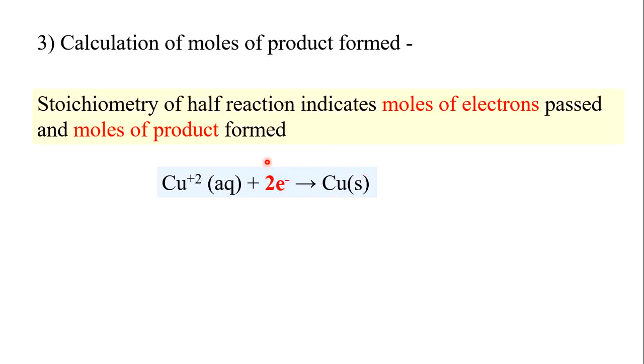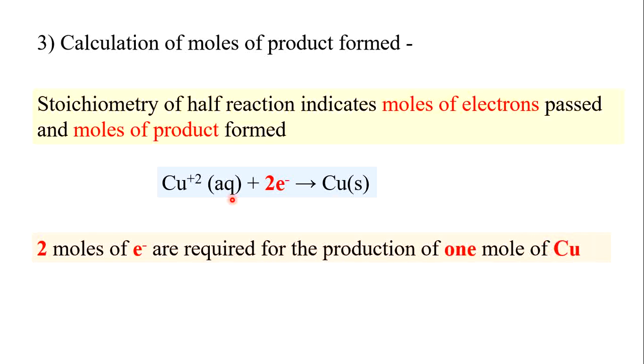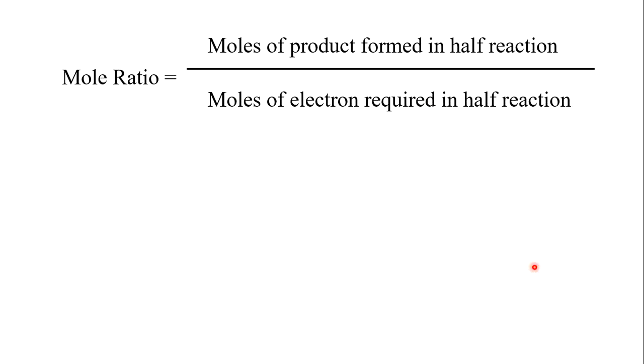The stoichiometry of this reaction shows that 2 moles of electrons are required to deposit or produce 1 mole of copper from 1 mole of copper ions.